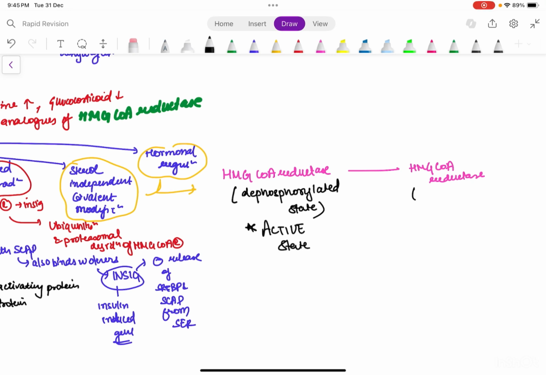But HMG CoA reductase in the phosphorylated state is obviously the opposite, so it is inactive.